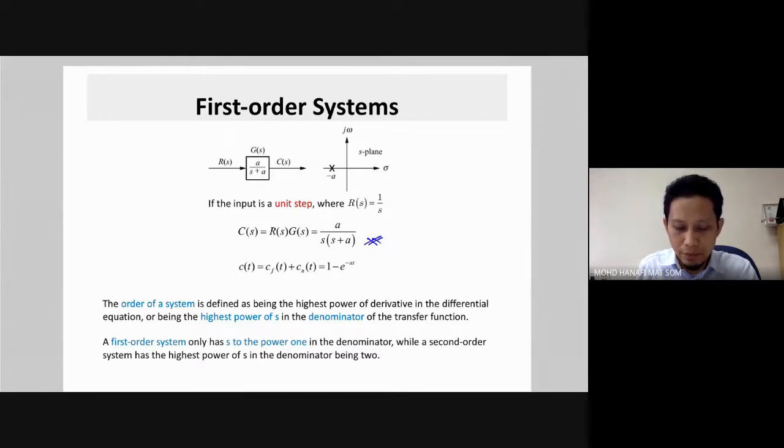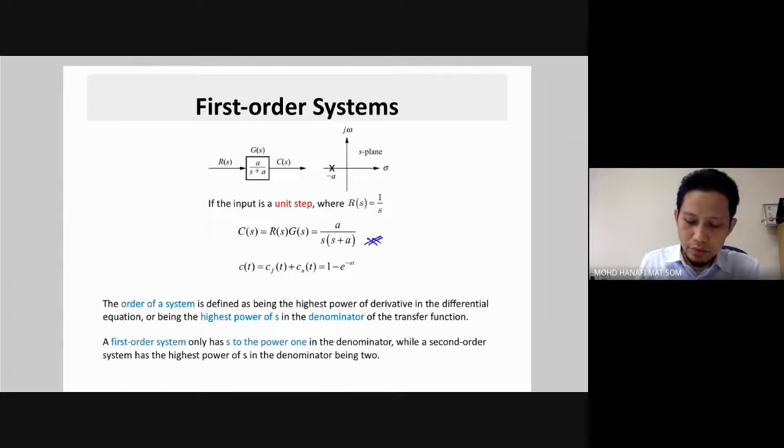What we get is c(t) equals c_f(t) plus c_n(t), which equals 1 minus exponential negative at. The order of a system is defined as the highest power of derivative in the differential equation, or the highest power of s in the denominator of the transfer function.